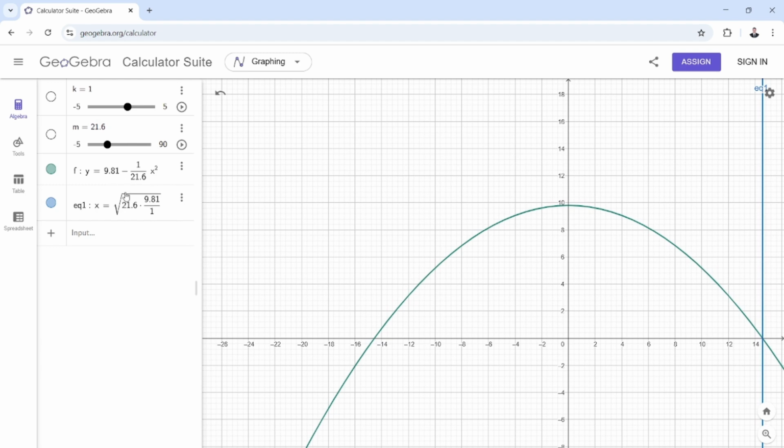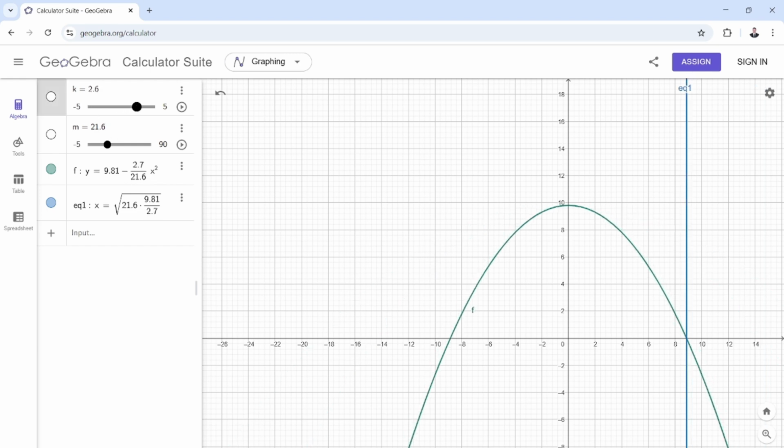So now as you can see, we have a function f here. You remember our equation is y is equal to g, our g is 9.81, minus k over m. So our k over m, we can change.